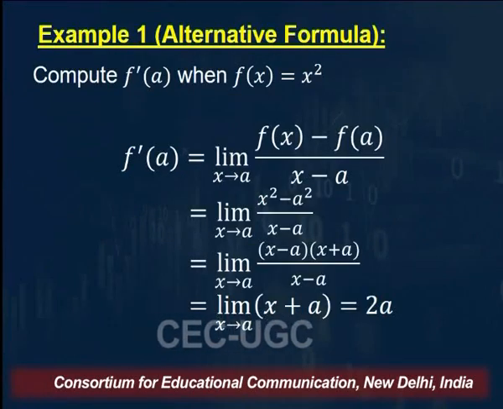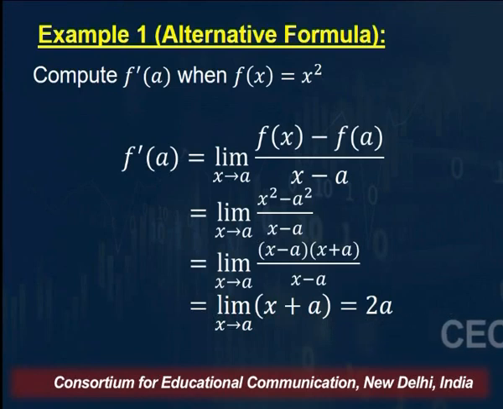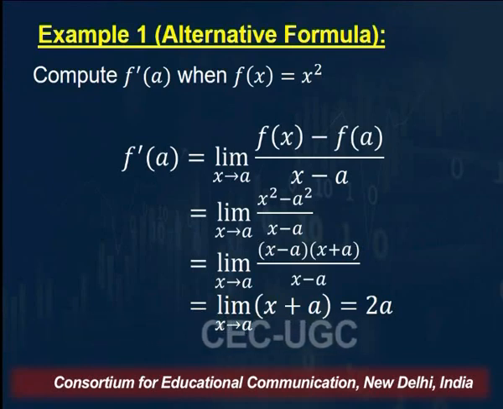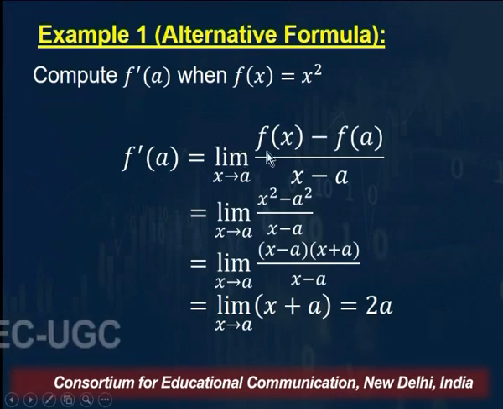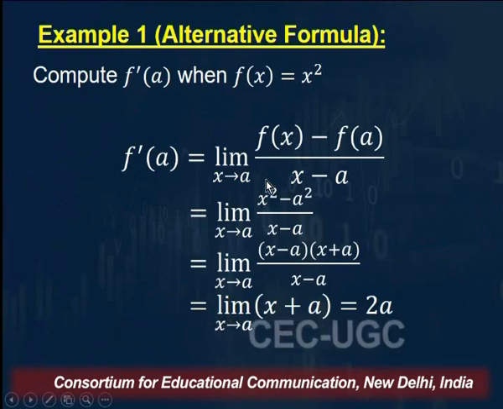So let's apply it to this particular function, where we were calculating the derivative of the function at the point a. Our function here is f of x equal to x squared. So we have defined f prime at a as the limit of f of x minus f of a divided by x minus a as x tends to a.